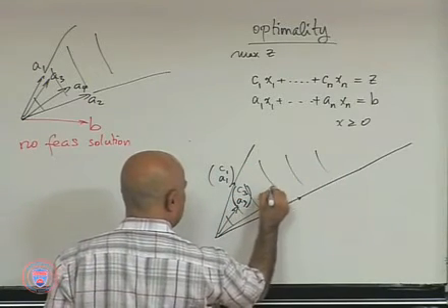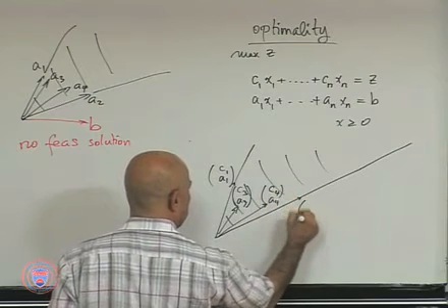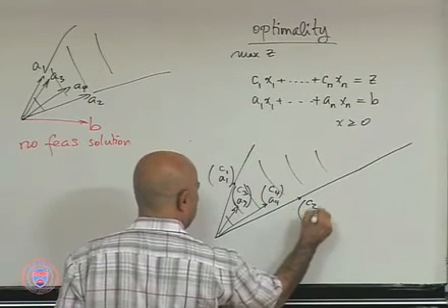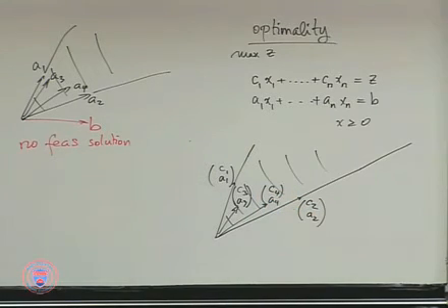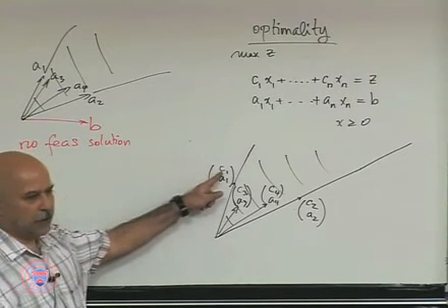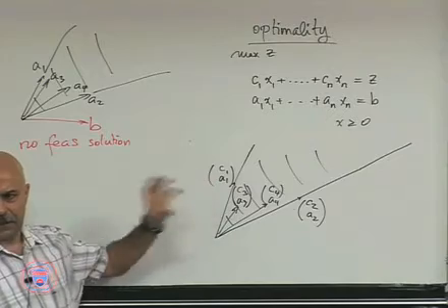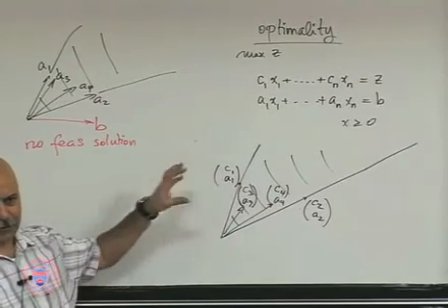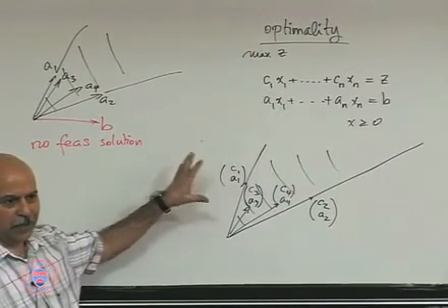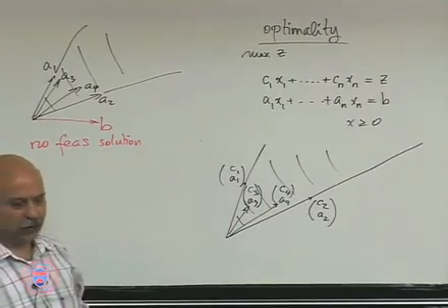C3A3, C4A4, and this one is C2A2. So I'm assuming A1, A2, A3, A4, they are one-dimensional, and when you take them together with your CJs, then they will become two-dimensional. That's the only purpose for that assumption, is I want to be able to illustrate what's going on here.